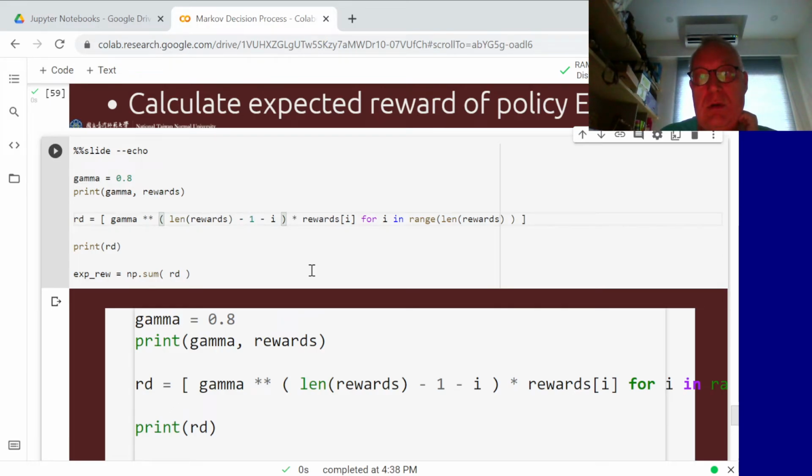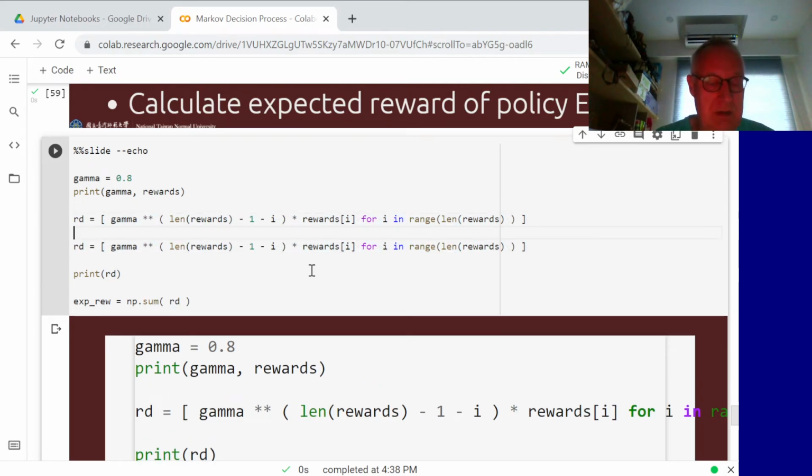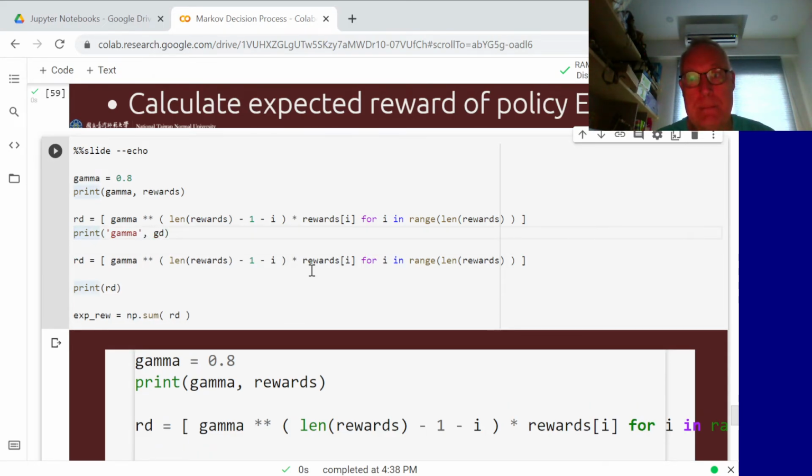So that should be correct. Gamma to the power, multiplied by rewards. So that should be a lot easier.